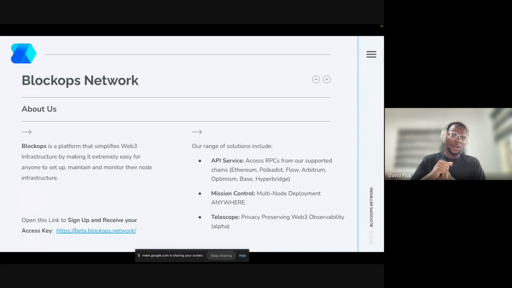Amongst other things, this is one of the main focuses at Blockops. We have other solutions, like the API service, Mission Control, and Telescope. I'll be going through Mission Control and Telescope with a very quick demo.